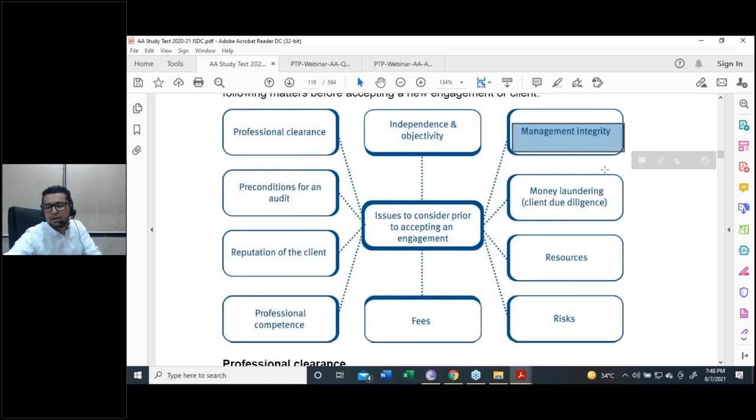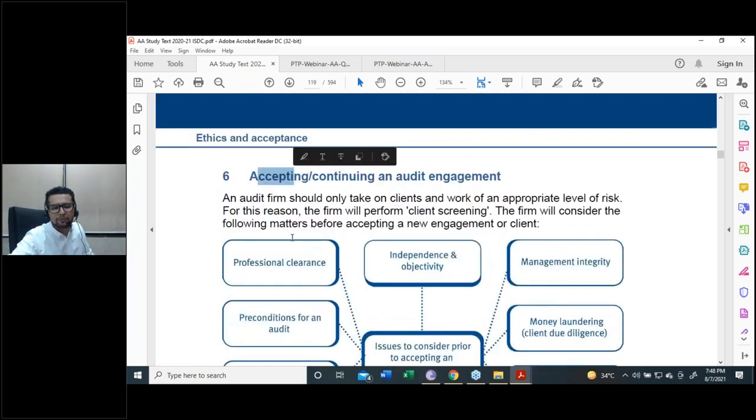If the management does not have their integrity intact, I'm not going to continue with them. I need to make sure my independence and objectivity is not compromised. I need to get clearance from the previous auditor. Let's say the client has not paid the fee for the previous audit to the previous auditor. The previous auditor is not going to give me a clearance. I need to make sure the reputation of the client is right. If the client does not have a good enough reputation, I might not wish to continue with them, or I might not wish to accept them.